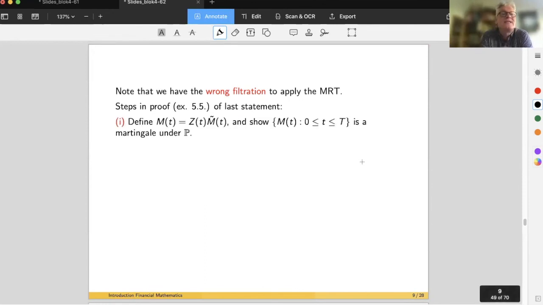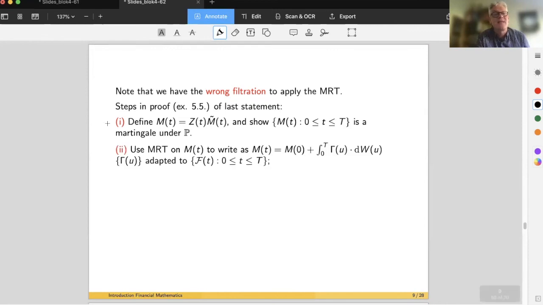And basically the steps are the following. We define Mt as Zt M tilde t, and we show that Mt for little t between 0 and capital T is a martingale under P. That's the first step.